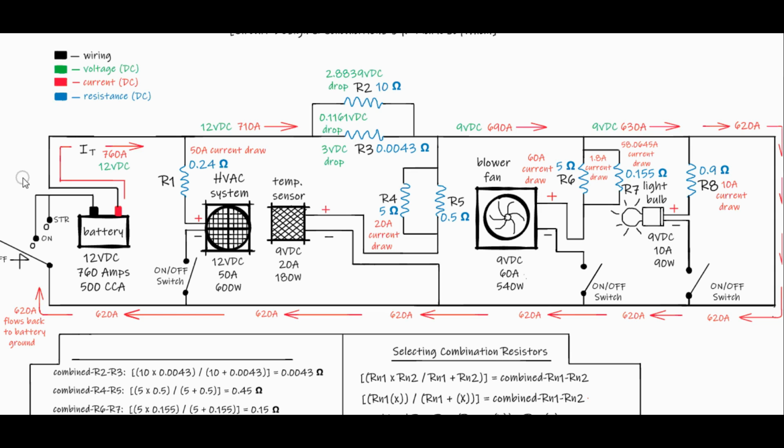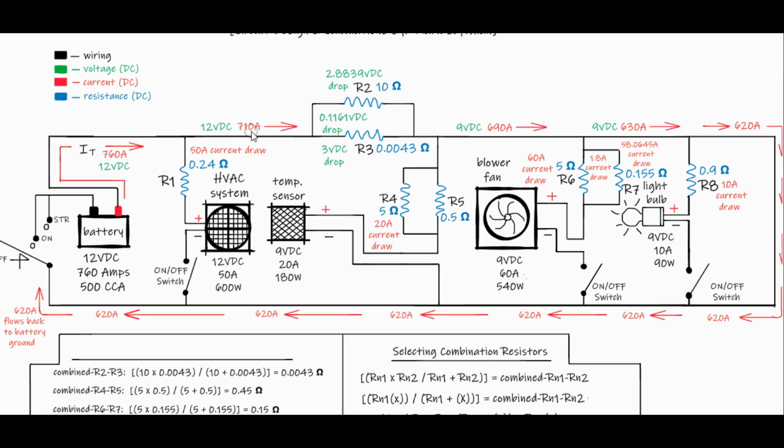Here we have a potential current available of 760 amps flowing in series without any resistor voltage drops, meeting a parallel circuit junction to power the HVAC system with 0.24 ohms on a parallel resistor circuit. If we apply Ohm's law, 12 volts divided by 0.24 ohms will draw 50 amps of current.